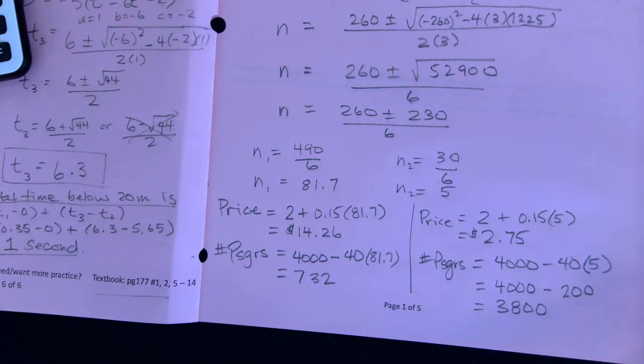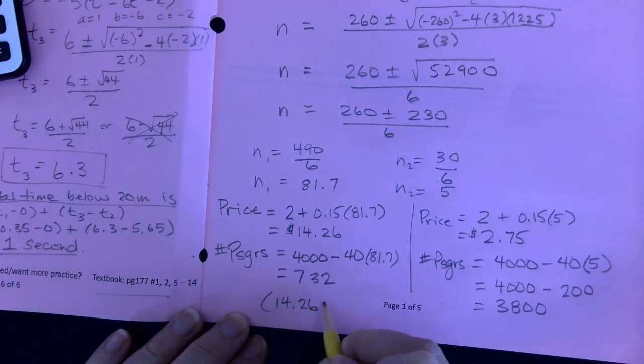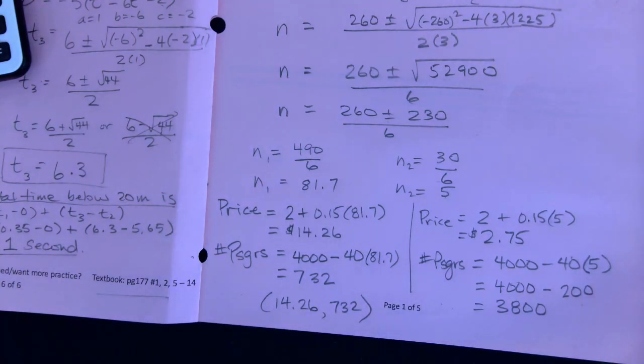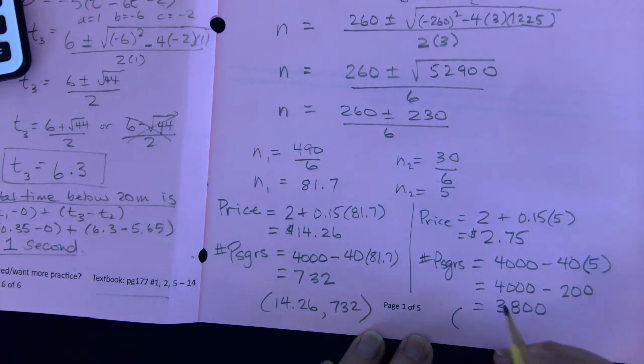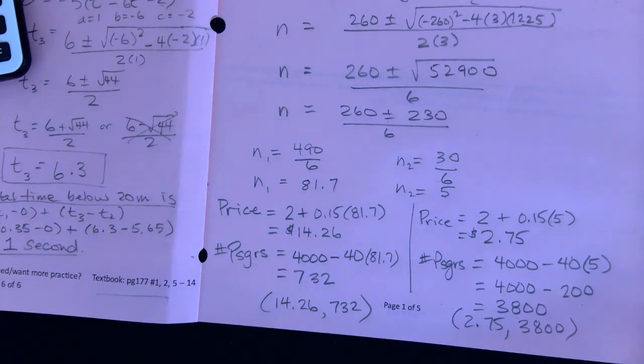Which makes more sense? Mathematically, the point (14.26, 732) is on the parabola, and so is (2.75, 3800). Those are both on the parabola.